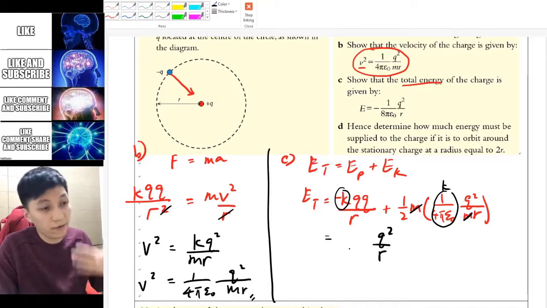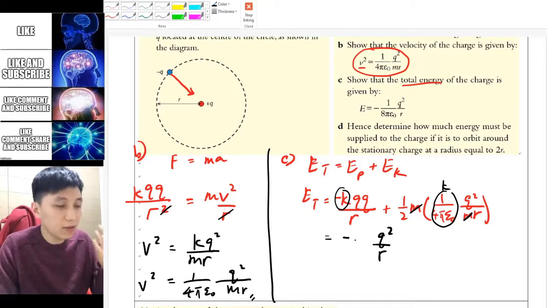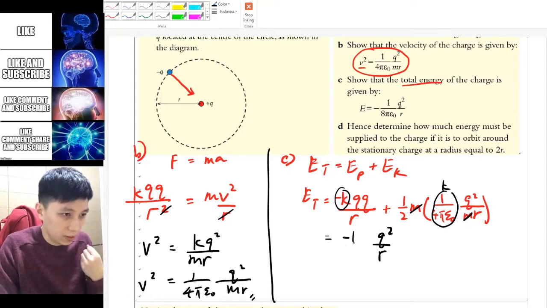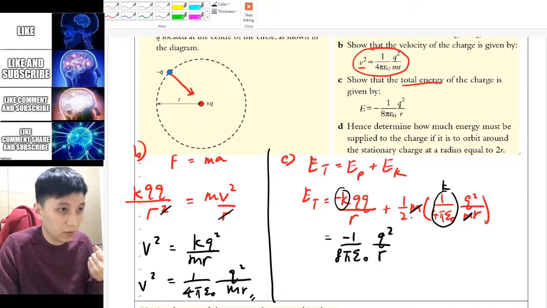So eventually you have negative half of k, right? Like this. And so again, as you know, k should be at the top. And then eventually you know that it's going to be 2 times 4, because again k is 1 over 4 pi epsilon, so 8 pi epsilon. And yeah, so again exactly like what we have here.